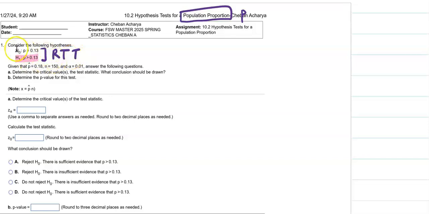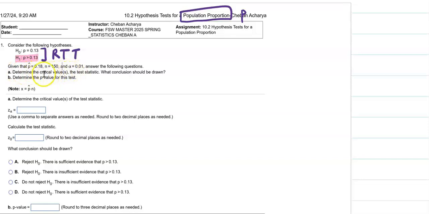The first hypothesis H0 is the null hypothesis. The second hypothesis H1 is the alternative hypothesis, and you are given p hat equals 0.18, n equals 150, alpha equals 0.01, and you answer the following questions. Part A, determine the critical value or values.